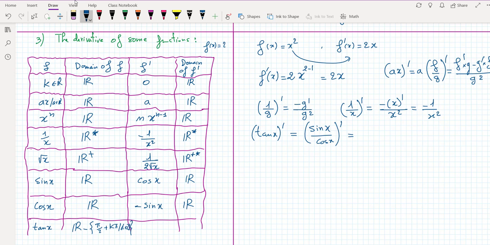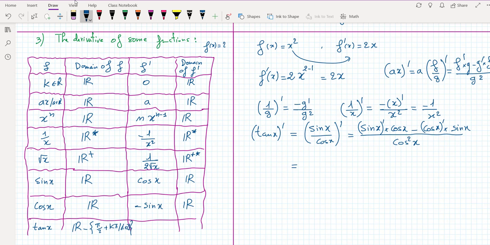If we apply this on the sine and cosine, so the derivative of sine x times cosine x minus the derivative of cosine x times sine x, over g squared, that means cosine squared x.